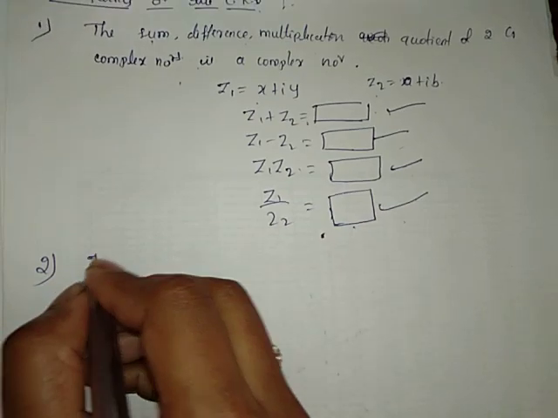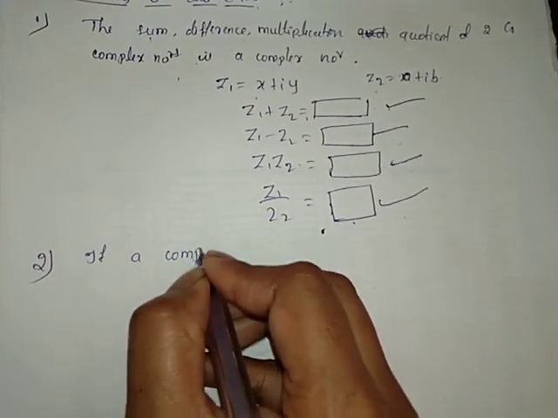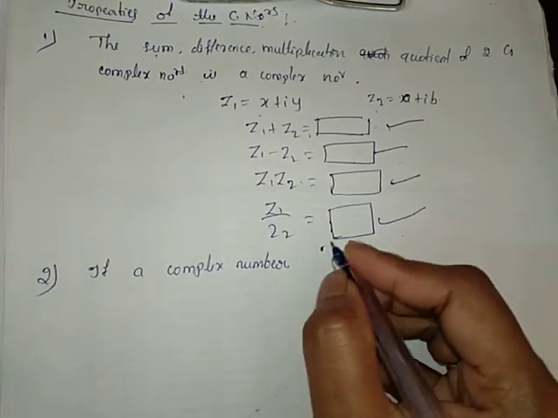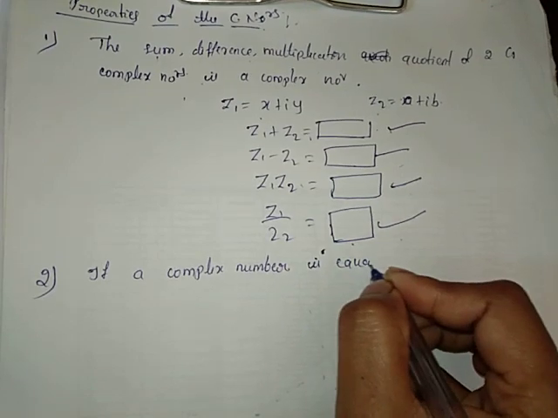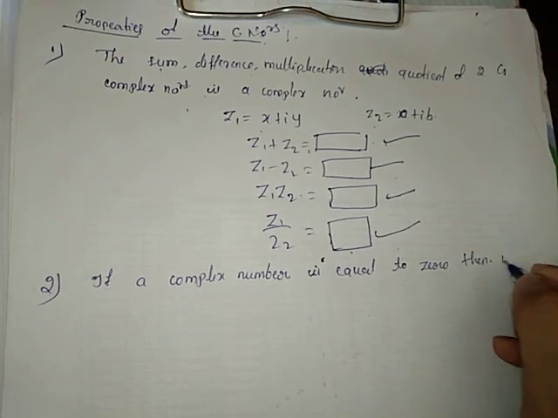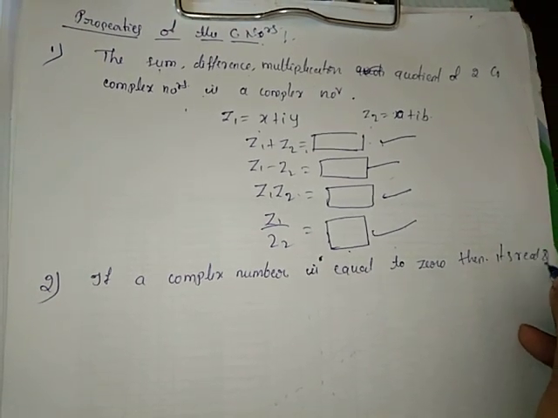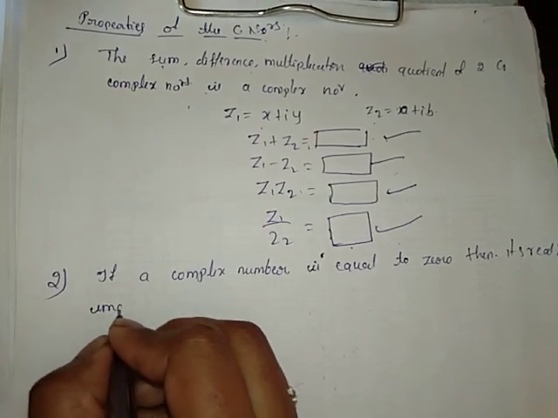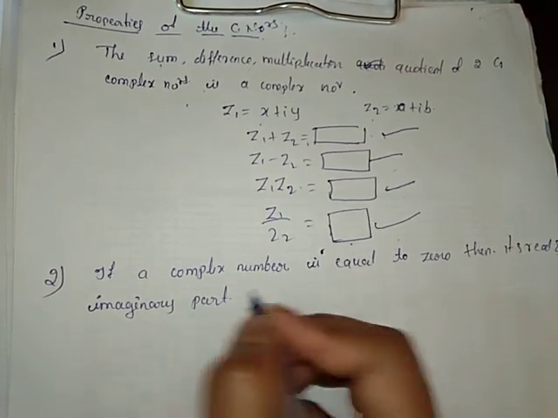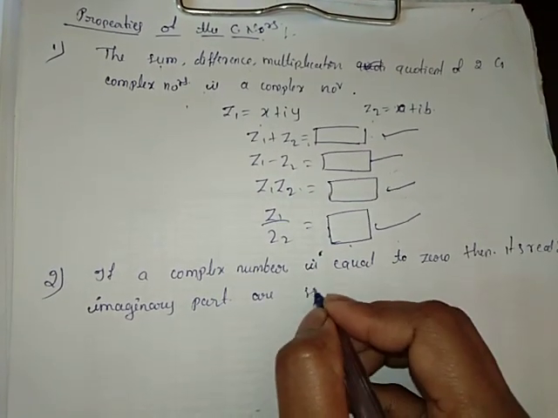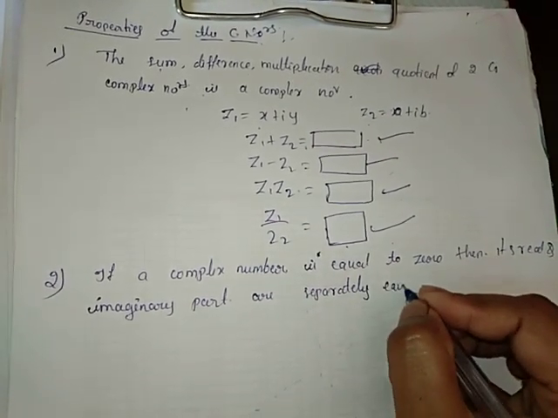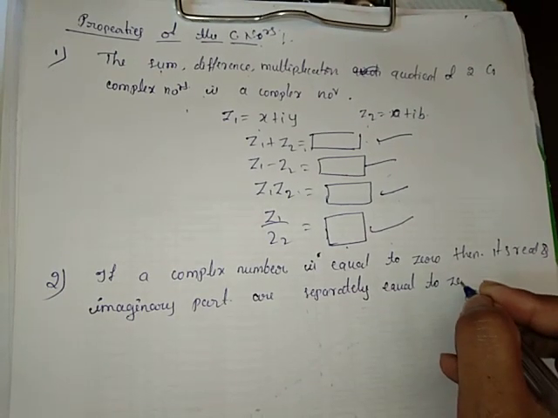The next property is, if a complex number is equal to 0, then its real and imaginary parts are separately equal to 0.